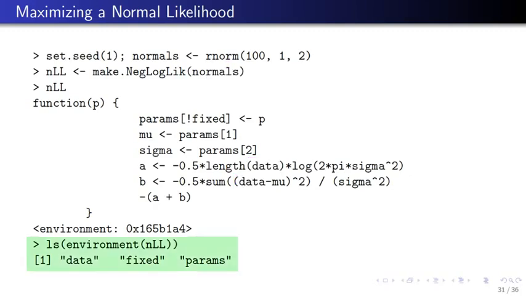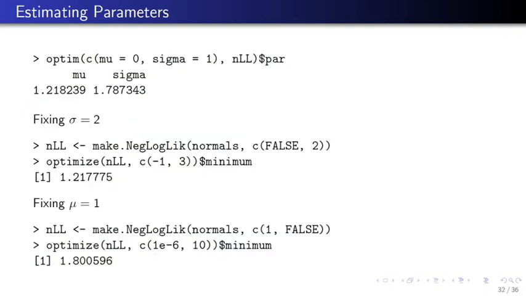So if you look at the environment for this negative log likelihood function by calling ls, you'll see that the data variable is there, the fixed variable there, which indicates which parameter should be fixed, and then there's also the params variable there. So those three things are all free variables inside this negative log likelihood function, but they're defined in the defining environment.